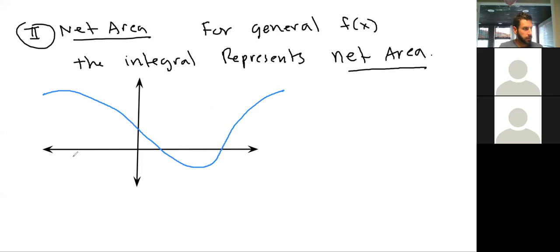Let's say that this is a over here, and let's say that this is b. So now what does the integral represent? Well, if we get out our red line here, what is the region I'm looking at? Well, the region I'm looking at is the following.